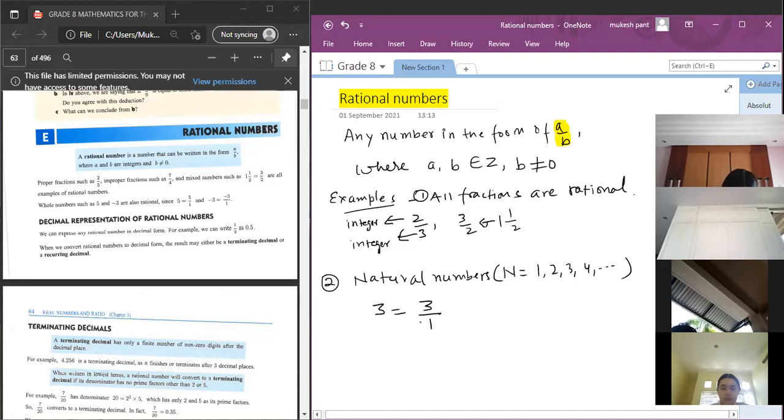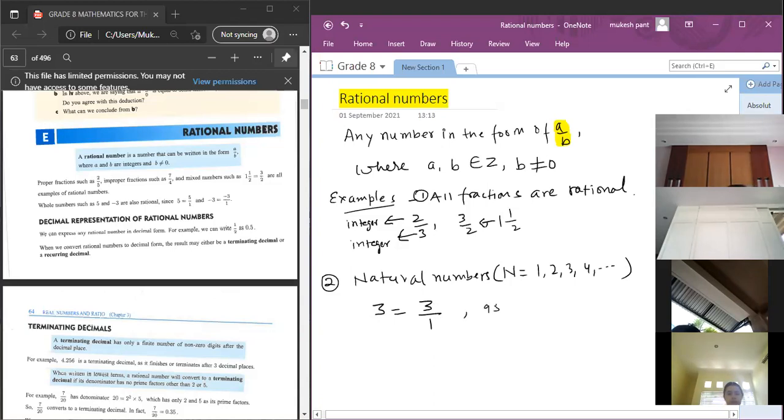3/1. So guys, see, this 3 means we can write 3/1. It means each natural number and whole number we can write with the denominator, the lower part, as 1. 3 we can write as 3/1. Suppose there is 5, 5/1.